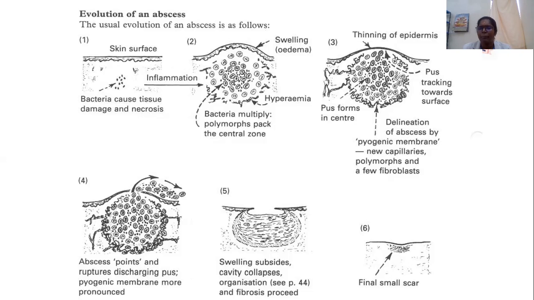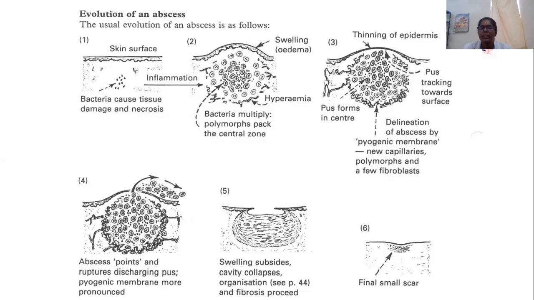In the second picture, the bacteria multiply and are rimmed by polymorphs, and you can make out the swelling. In the third picture, you can see thinning of the epidermis, after which the pus tries to point out on the surface, right?